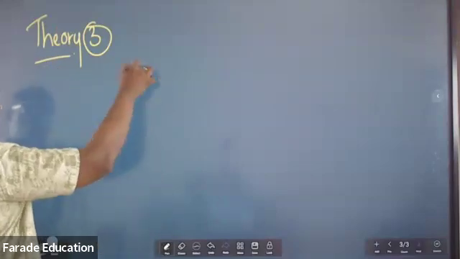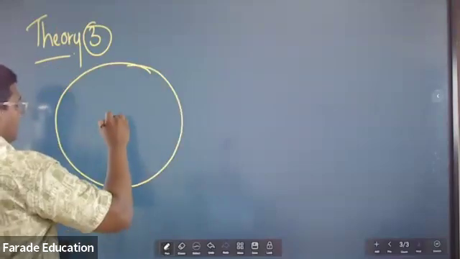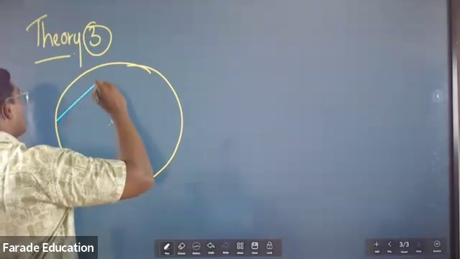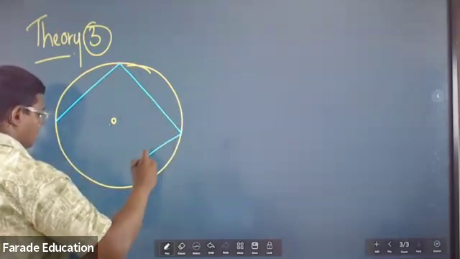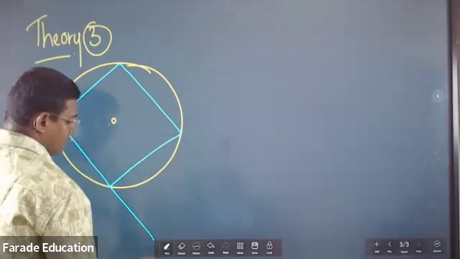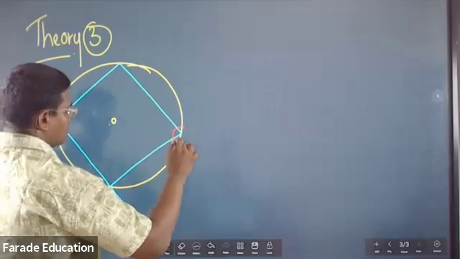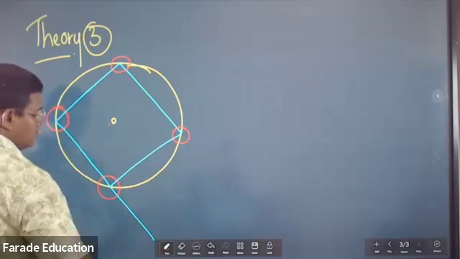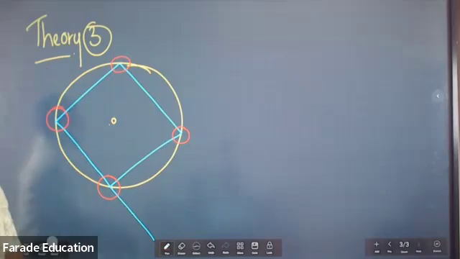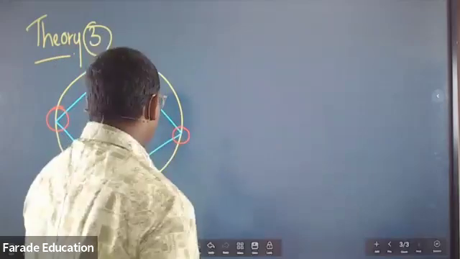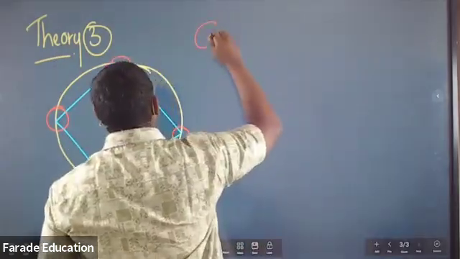When we have a circle with center O, and when you have a quadrilateral where all the 4 vertices sit on the circumference of the circle, we call it a cyclic quadrilateral.